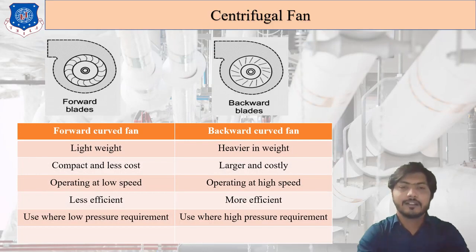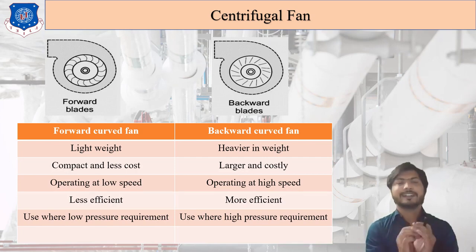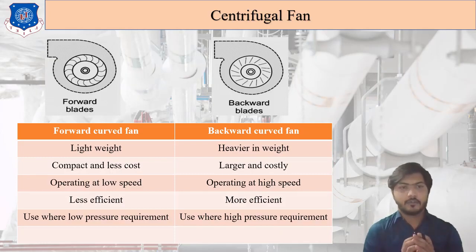Now the difference between forward curve and backward curve. Forward curved blades are lightweight compared to backward curved. A forward curved blade fan is compact and less costly compared to backward curved. The forward curved fan operates at low speed, but the backward curved fan operates at high speed.